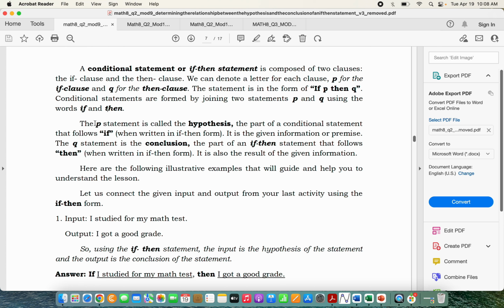Also, the P statement is called the hypothesis. Okay? Yung P statement natin sa if P, so eto tinatawag natin to na hypothesis. And then the Q part here is what we call the conclusion. Okay? Tinatawag natin yan siya na conclusion.